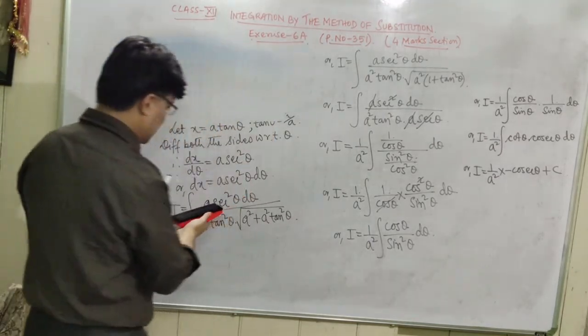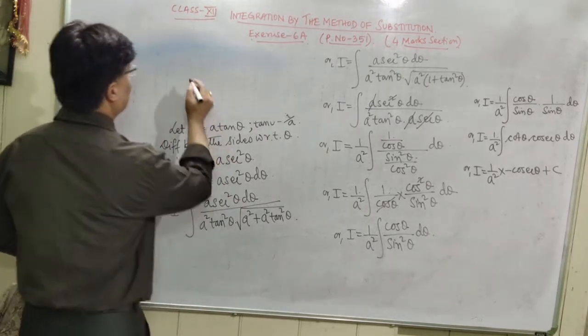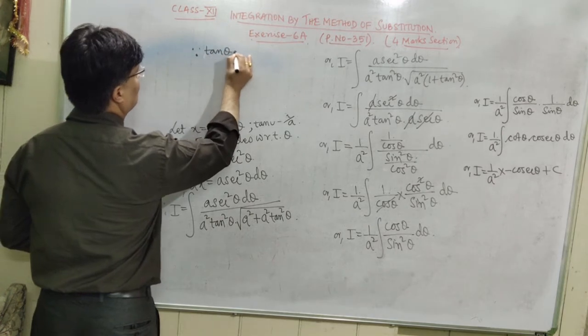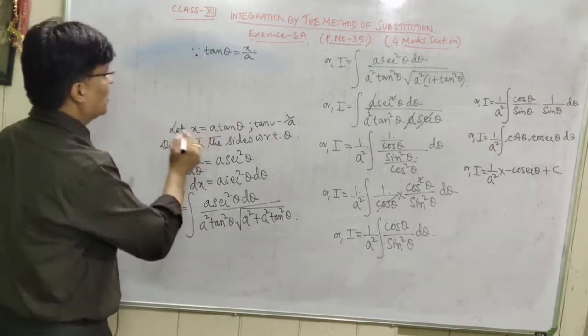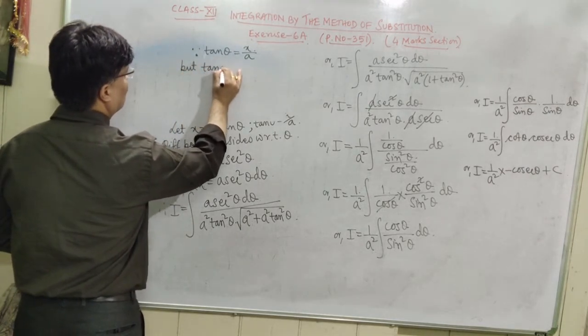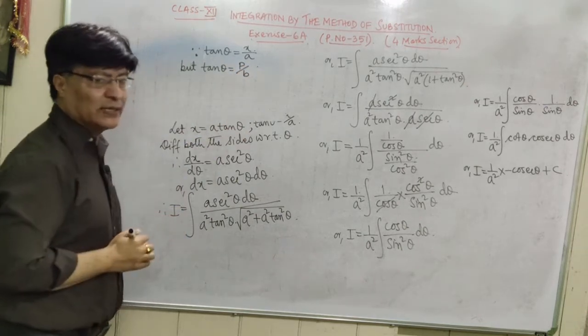So now in this case, since tan theta is equal to x upon a, but we know that tan theta is equal to perpendicular by base.